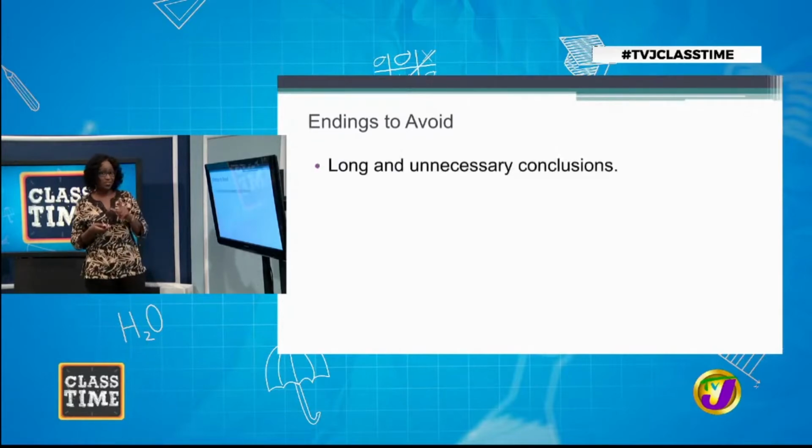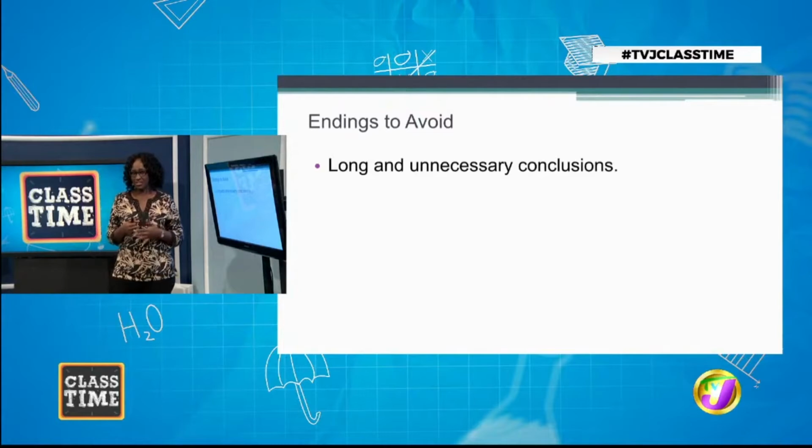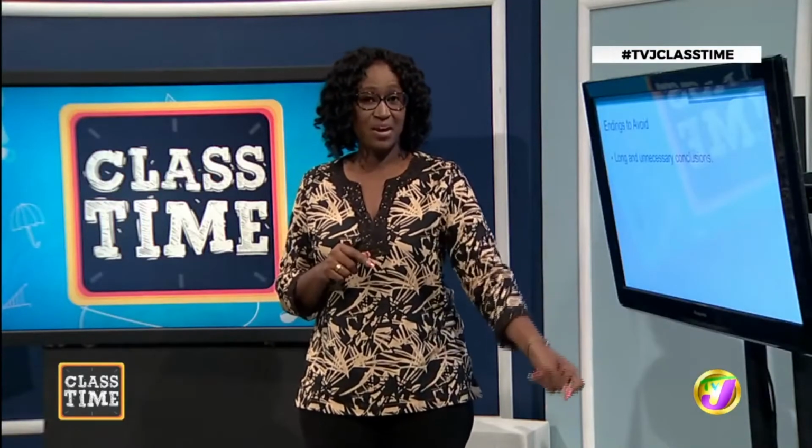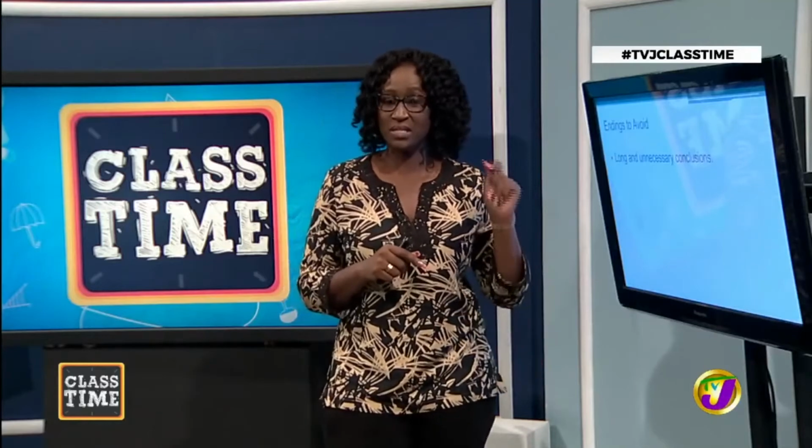Now, please avoid this. You don't want a long and unnecessary conclusion. So you notice at the end of the story that we read, the young man got off the taxi and drove off. We heard from the taxi driver that he had been concerned. We did not need to go any further. So we didn't need to follow the young man home and listen to him telling his family what happened to him while he was in the car.